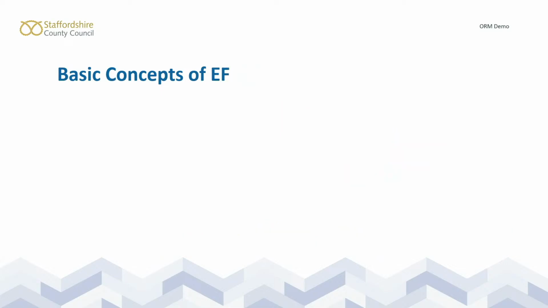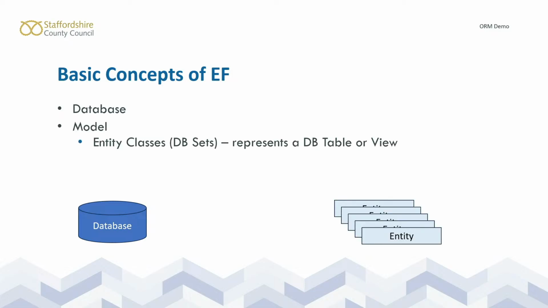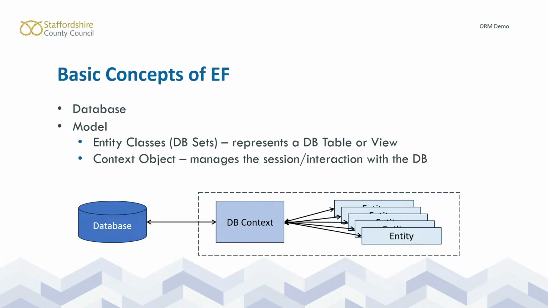So the basic concepts of Entity Framework are: you have a database, you have a series of entities created from that database via a scaffolding tool, and a database context.